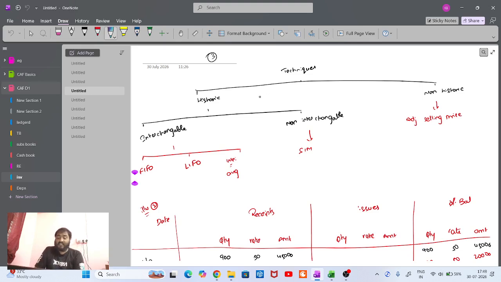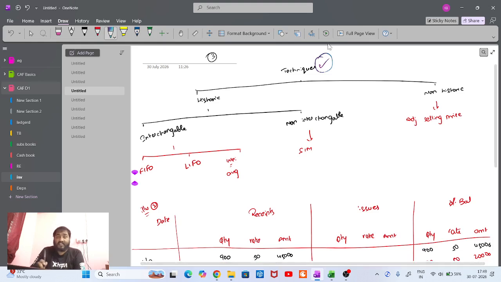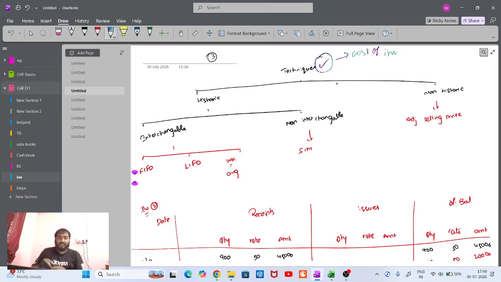Okay. Another thing, we use techniques. Why do we use techniques? We use techniques because for every year end we calculate the cost of inventory based on these techniques. Okay.